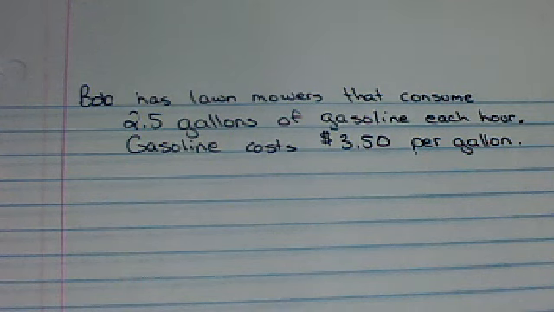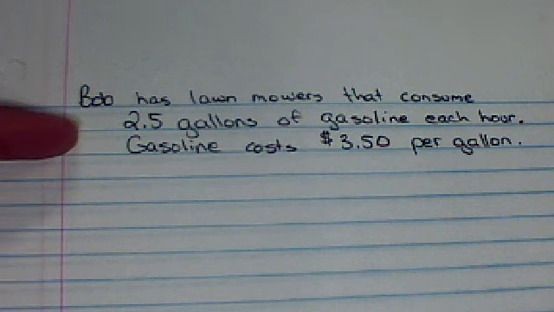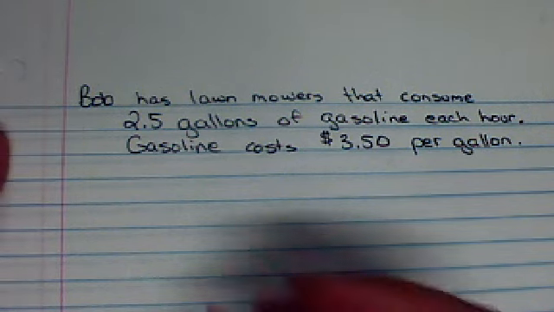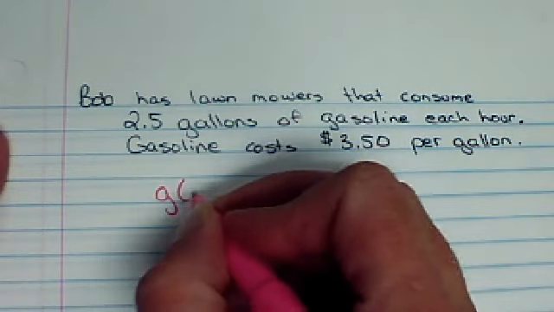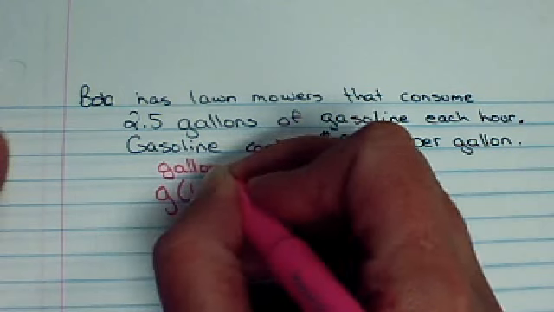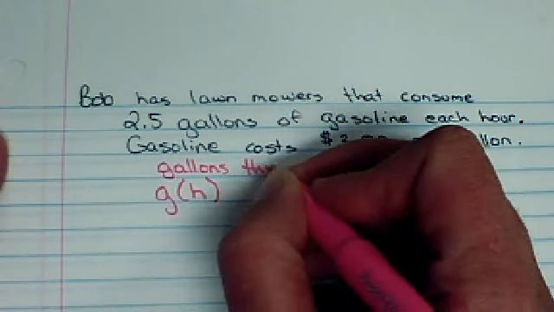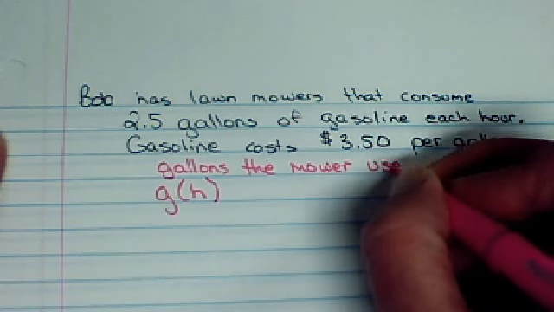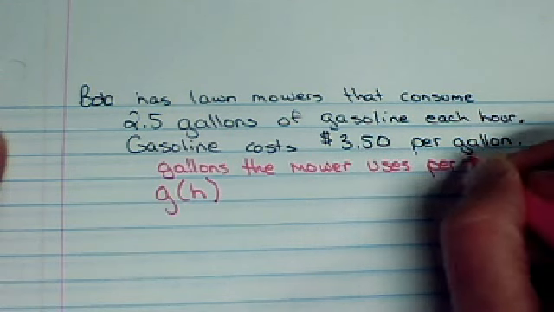So let's make up a function to represent gallons, the first sentence, the gallons that are being used by the lawnmower. So let's say G of H is the gallons the mower uses per hour.